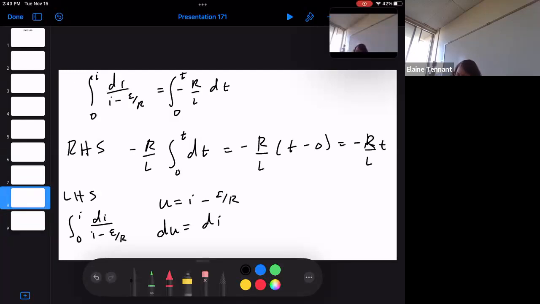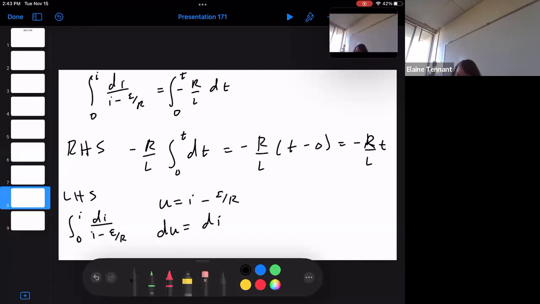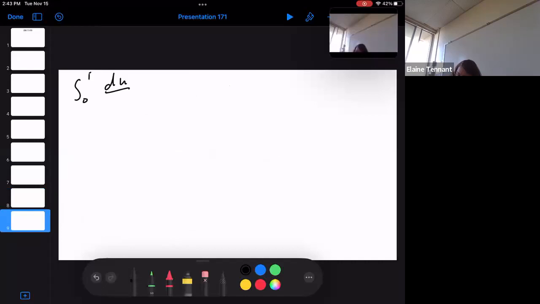So I have du over u. Integral of du over u. It is a natural log, right?